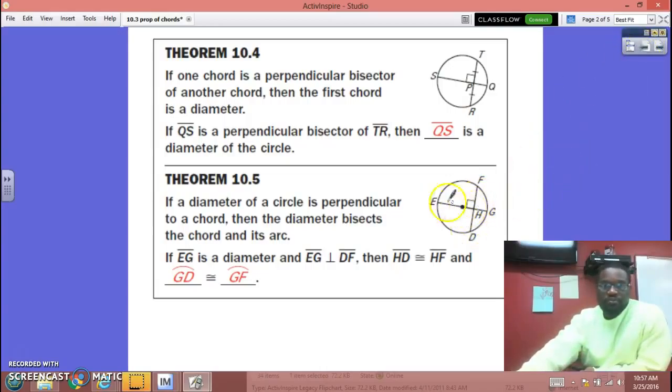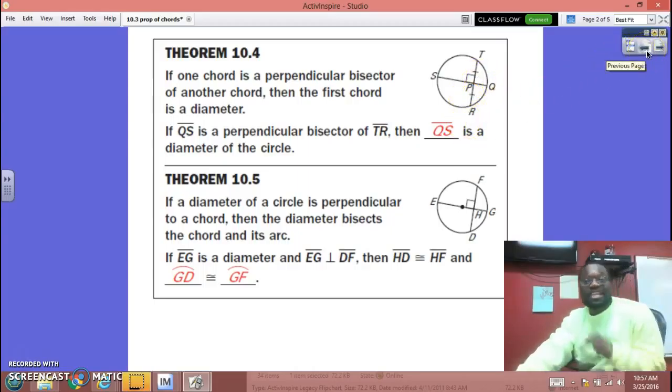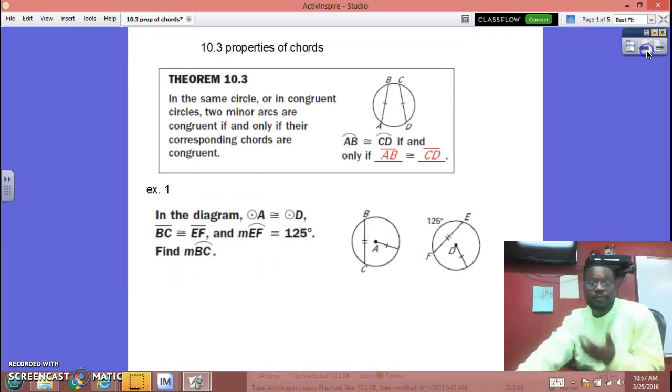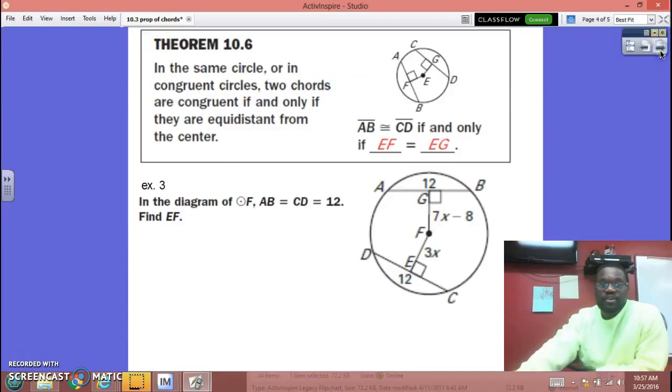So keep in mind that this piece and this piece bisect and are equal, and it makes a right angle, so you can throw a triangle in there sometimes. So just be aware of these theorems. The pictures are what's important, if you understand, based on the picture, what's congruent and what's not. That's pretty much it for 10.3, properties of chords.